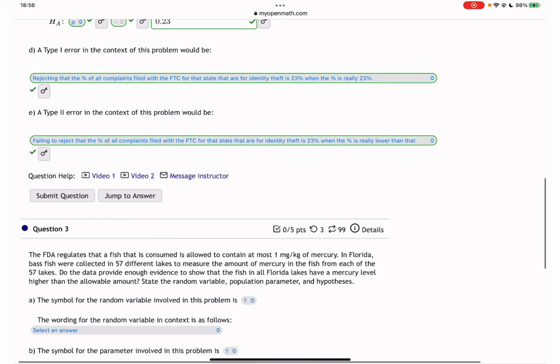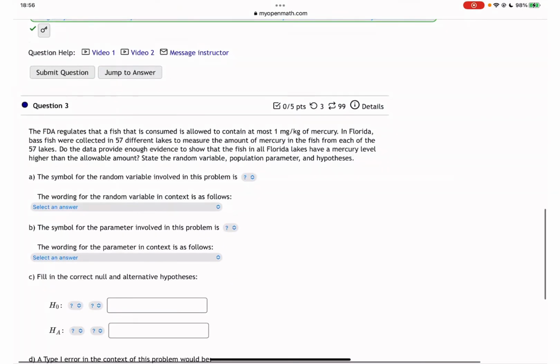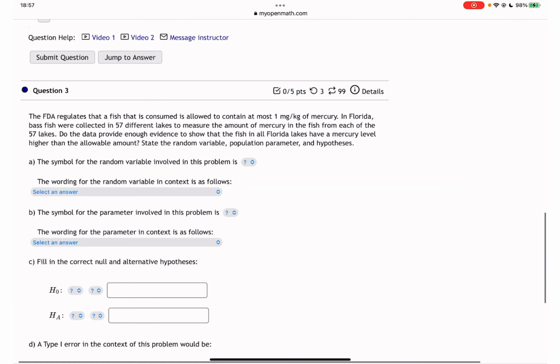Okay, question number 3. The FDA regulates that fish that is consumed is allowed to contain at most 1 milligram per kilogram of mercury in Florida.